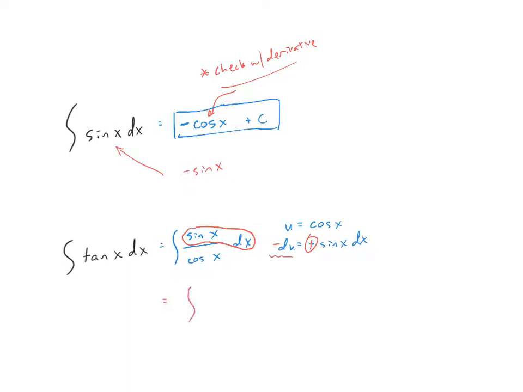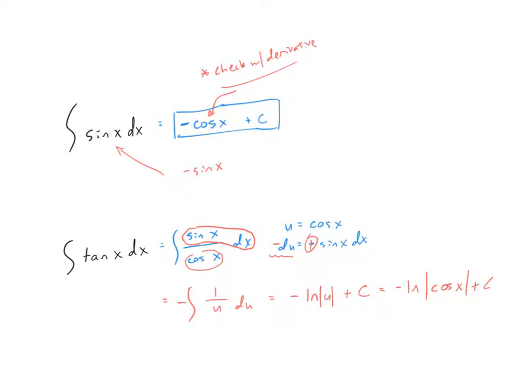So I have the integral of, and I'll pull the negative all the way out in front, negative du, and then the cosine in the denominator is 1 over u. Now, how do I integrate 1 over u? Keep my negative out in front: negative natural log of u plus c. Put my absolute value around that, and that is negative ln of the absolute value of cosine x plus c. So that second one is a little more tricky and involved than the first one.